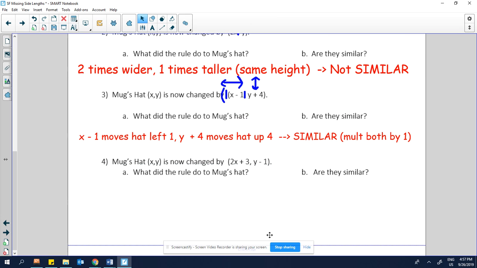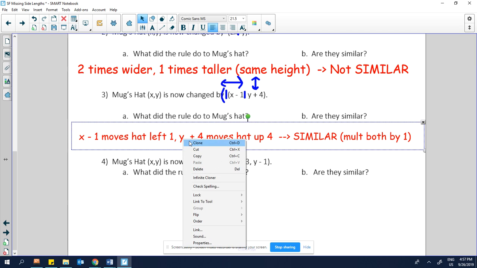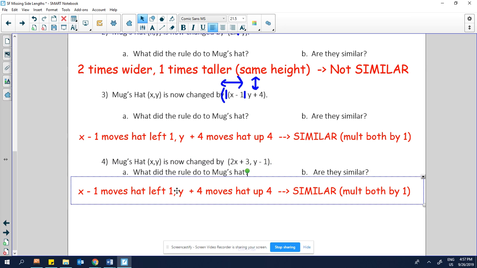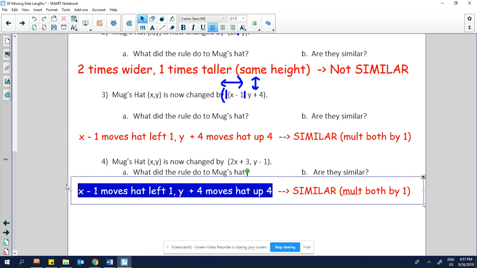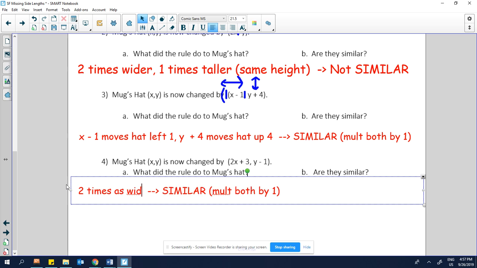All right, and then you try the last one. Tell me what the rule did to Mug's hat, and then tell me if they are similar. All right, so the rule made it twice, 2 times as wide. Oh, but I see a +3 there.